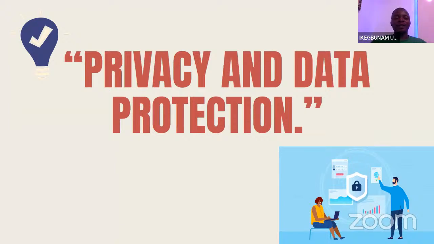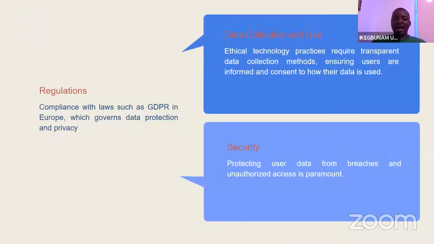If you enter your credit card information today for shopping, and at the end of the day, or maybe 2 days after, you start receiving a debit alert on your credit card, or your card is being charged wrongly, that means your data was not protected from the end where you make such transactions. So the key aspect of ethics in technology that matters a lot is privacy and data protection.